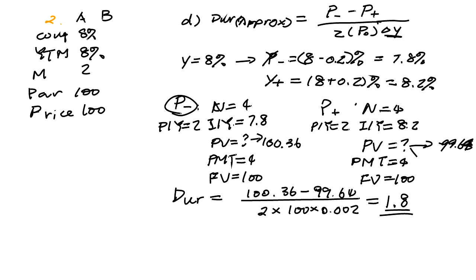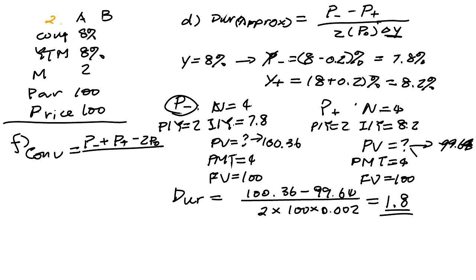In question F, it asks you to calculate the convexity approximation. The shortcut formula here tells us the convexity is equal to P minus plus P plus minus 2 times P0, divided by, no 2 anymore, P0 times the change in yield squared.